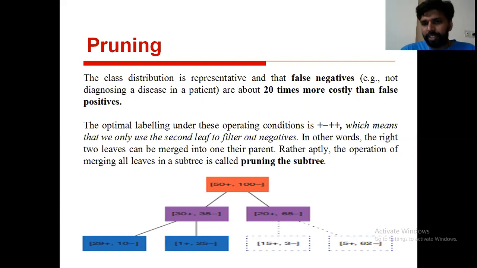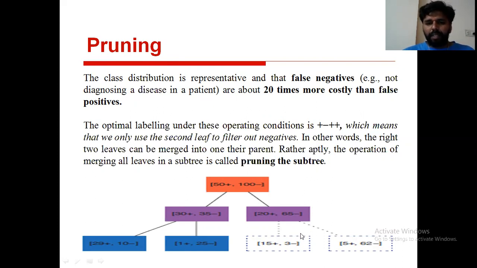Whenever we get false negatives, they impact the constructed classifier 20 times more when compared to false positives, right? Now observe this. In such cases, how do we reduce this damage? False negatives are reduced by using pruning.